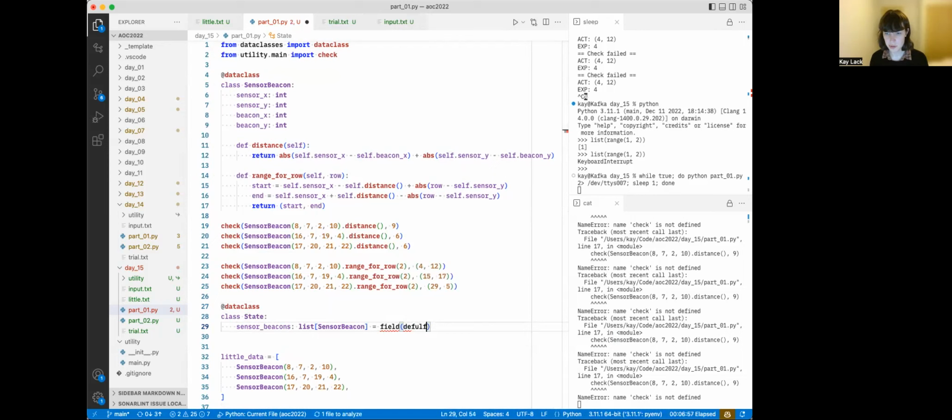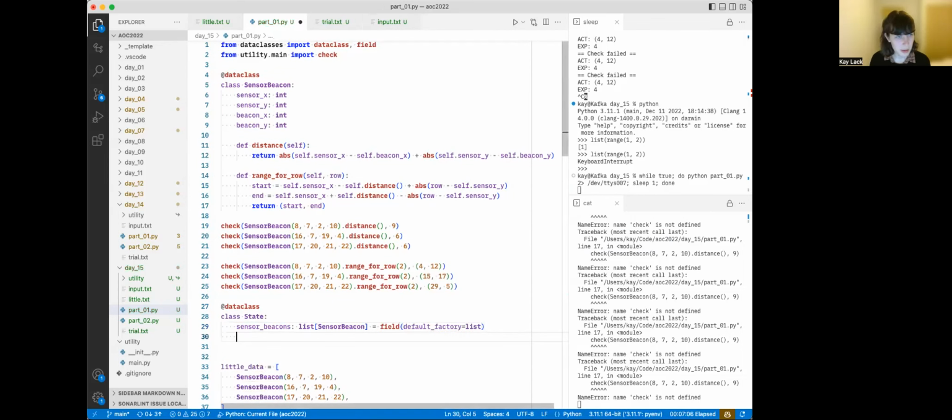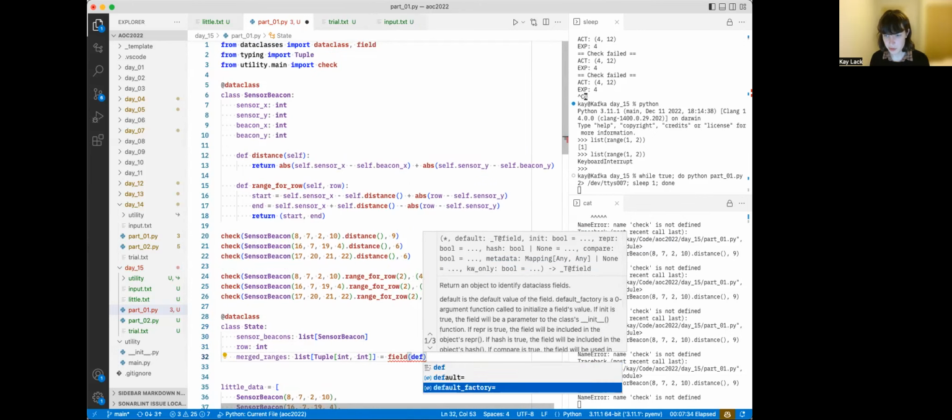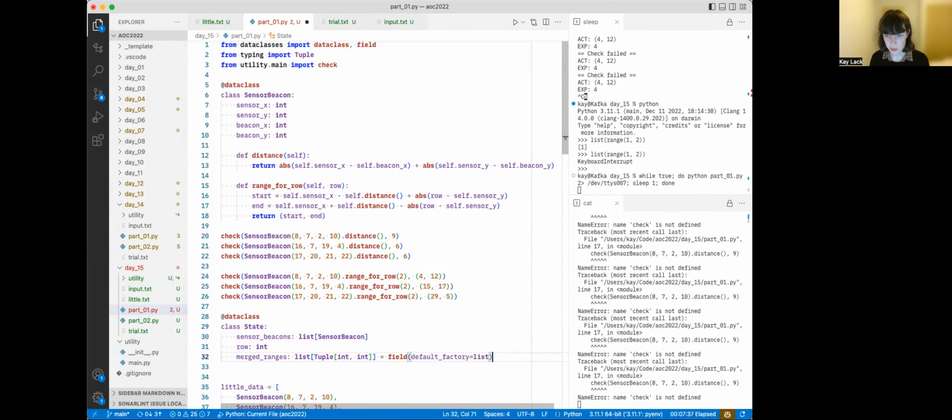Default. The row is going to be an int. Actually, I don't think I need to have these be defaults. I'm always going to need to specify them. Merged ranges is going to be a list of tuple of int, and that is going to be a field, just going to be a list.